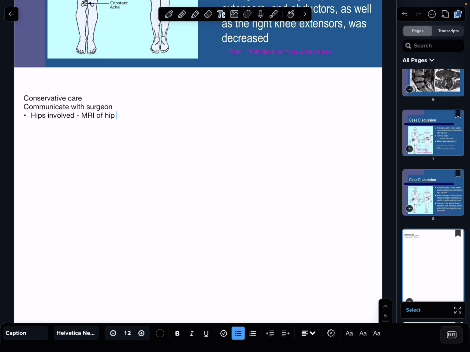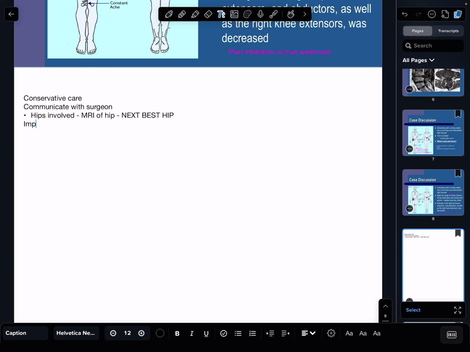Right? And so I would say, at this particular point, with this limitation right here, and it produces all of his primary symptoms, as well as these findings here, that imaging would be the next best step. You'd have to contact the surgeon, most likely, and say, thank you for sending Mr. So-and-so over, but evaluating his hip, I am concerned that there's some impairments of the hip that could further be explored through imaging, right?